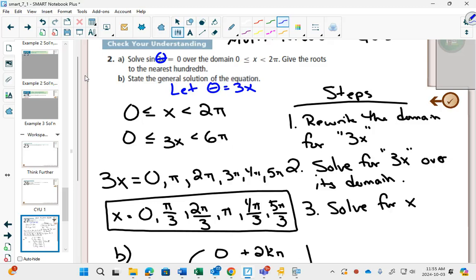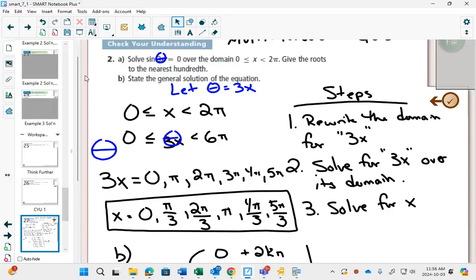Then you would rewrite your domain for theta, so you would say that theta is between 0 and 6 pi. Then you would solve for theta and get all of those answers. But then you would substitute back and rewrite the 3x, and then have to divide by 3 anyways.